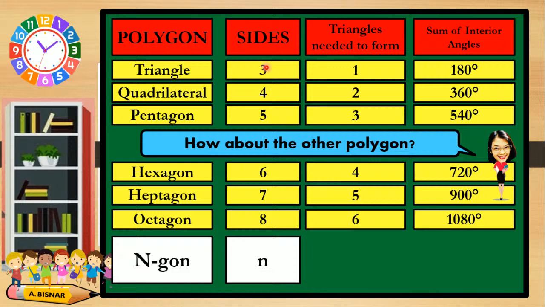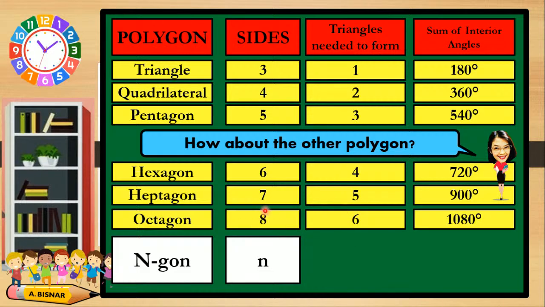Halimbawa, di ba? If it's a triangle, it has 3 sides. Isa lang ang mabubuong triangle. Yung 4, no, you will relate it to the number of sides. You add 1 kasi continuous lang yung polygon.